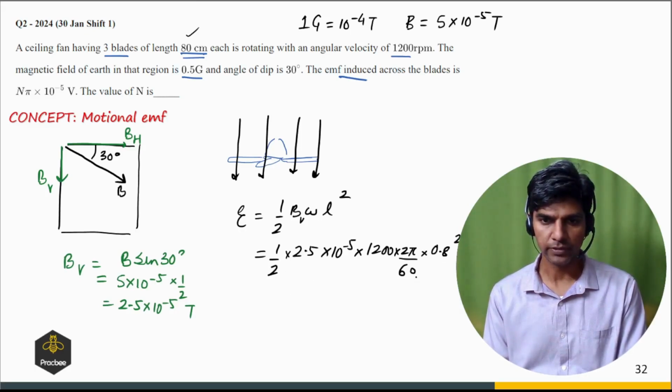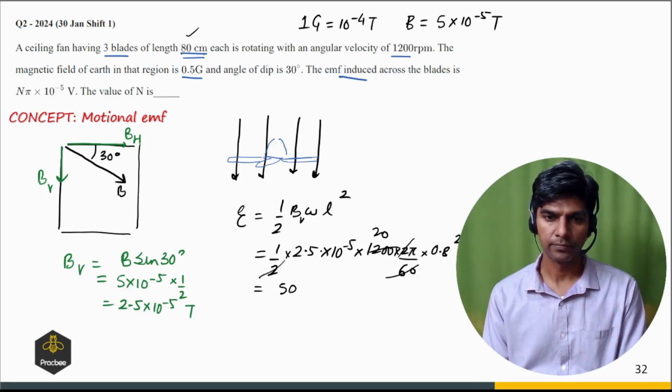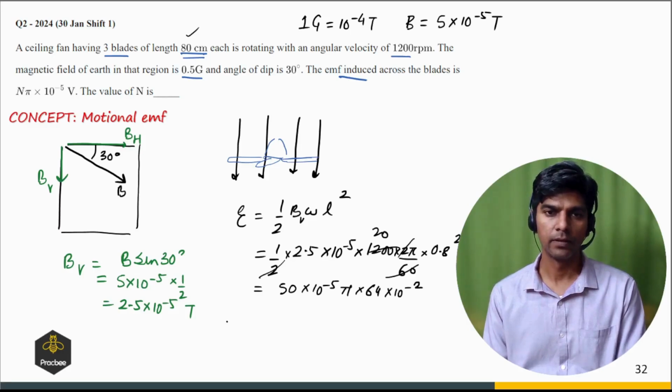Let us simplify this. This will give us 20, this 2 will get cancelled out. So we have 5 by 2, or we can say this will become 50 times 10 raised to minus 5 times pi times 64 into 10 raised to minus 2.